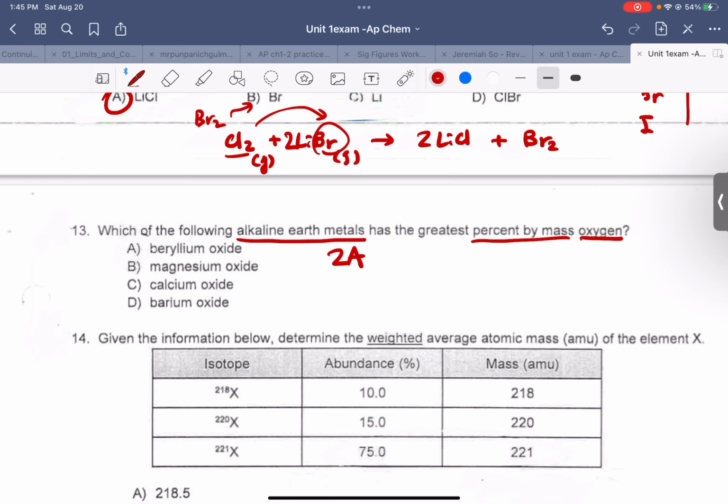This one, beryllium oxide, is BeO, and this is group 2. So Be 2 plus and O 2 minus, so that charge is 0, right? So BeO, and magnesium oxide, MgO, also.